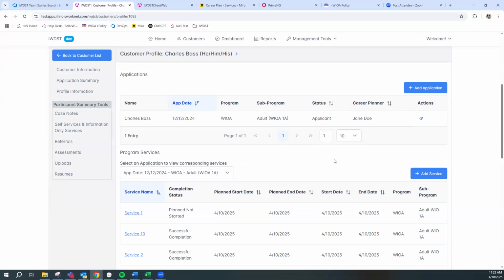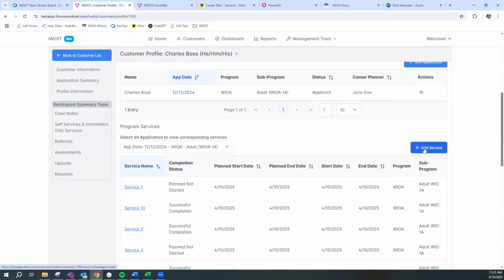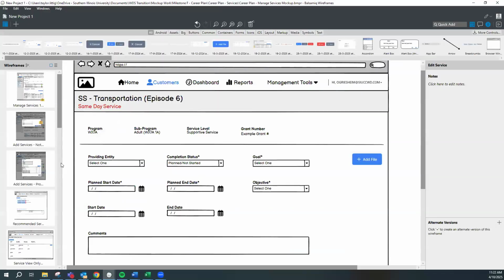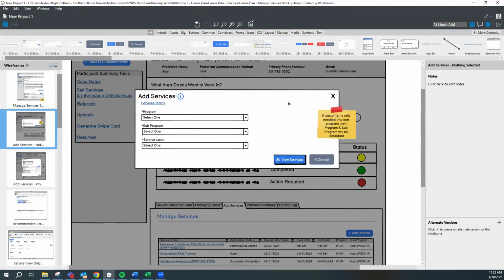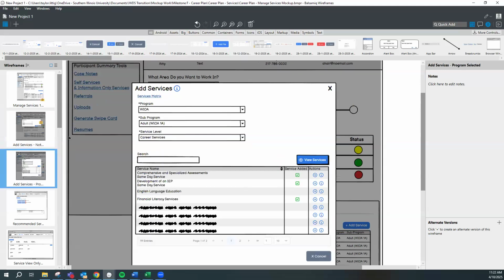But now I see they can also do it this way. So this is just going to be a quick add. When you do that, it's set up just like it is here. It'll take you to this pop-up, and you'll be able to select what you need and add your service.